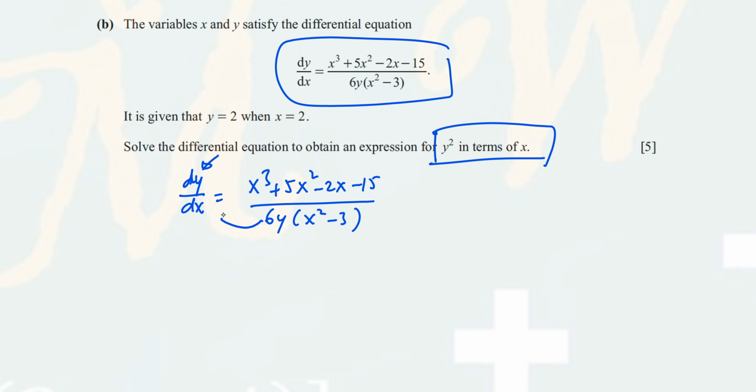So I'm moving up this 6y, so it becomes 6y dy. Then the rest just remains, and I move the dx to the other side. Okay, but actually it is just integrating both sides with respect to x. So it looks like we are splitting the dy and dx. So this is what you get.